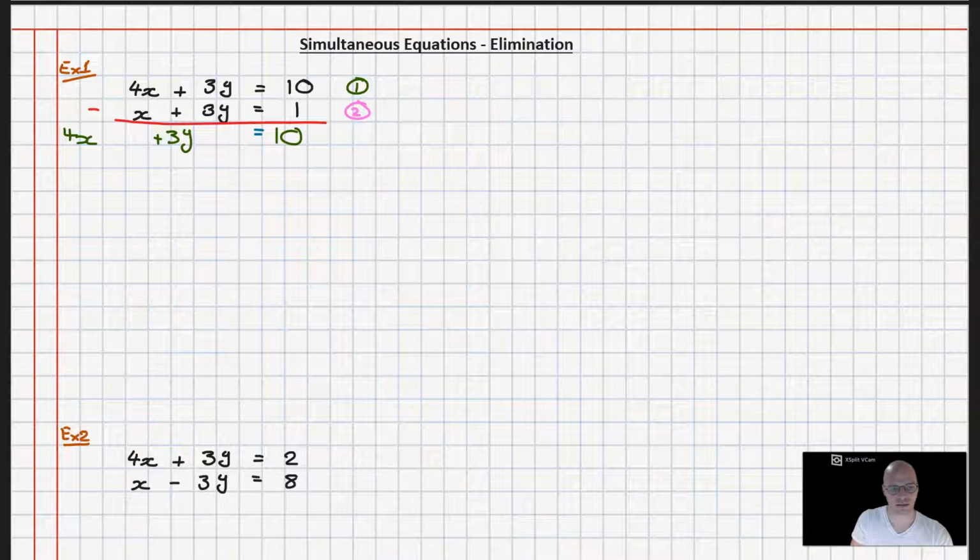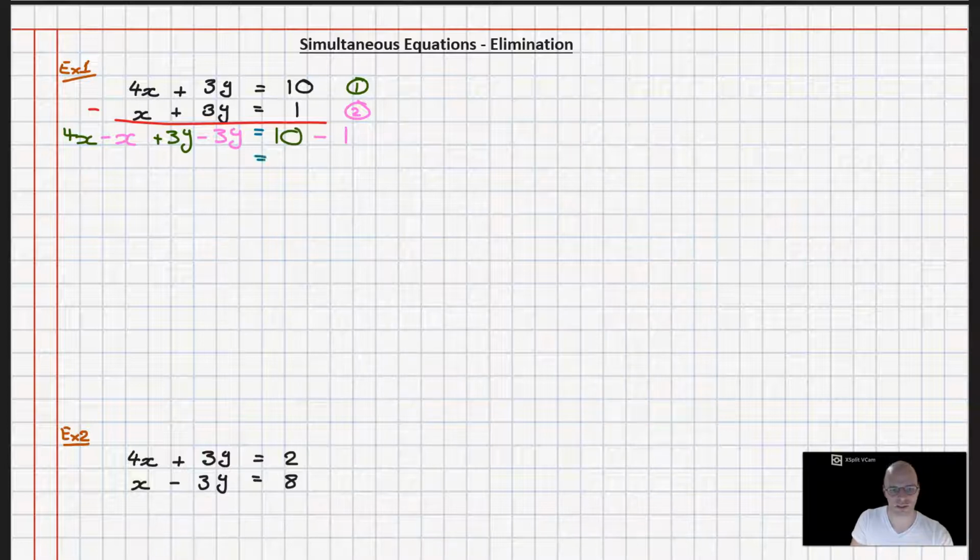So that's my first equation written down. Now I'm going to subtract my second equation from my first equation. So on the right hand side I'm going to go minus 1. Then I'm going to go minus x. I'm going to go minus 3y. So I've taken my second equation away from my first equation.